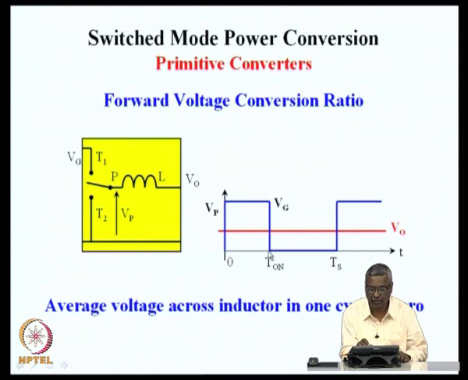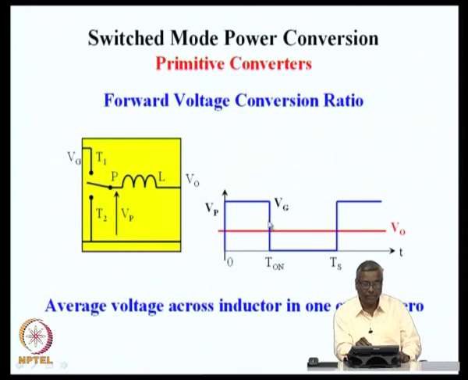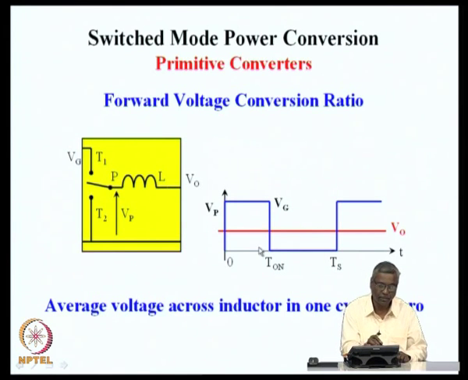During the second interval from T on instant to Ts, this duration is the off duration. During this entire off duration, the switch P is connected to T2, as a result of which the pole voltage Vp will be 0, because this is connected to ground.